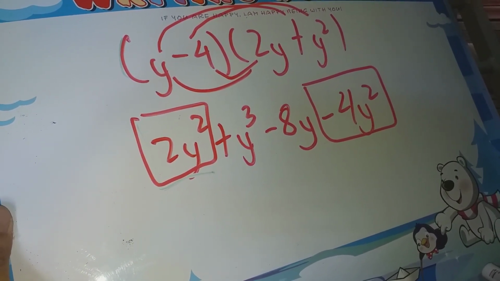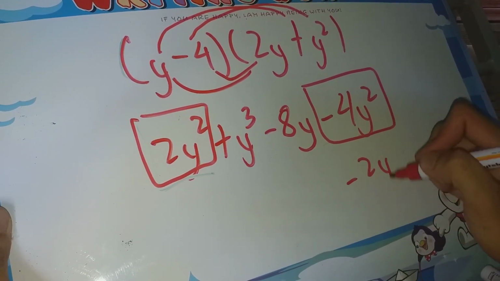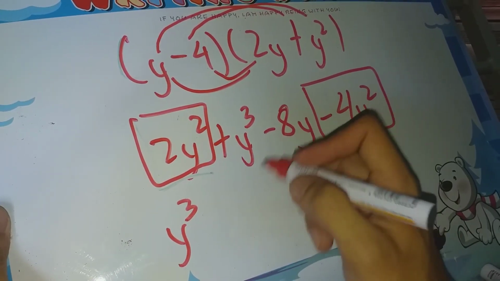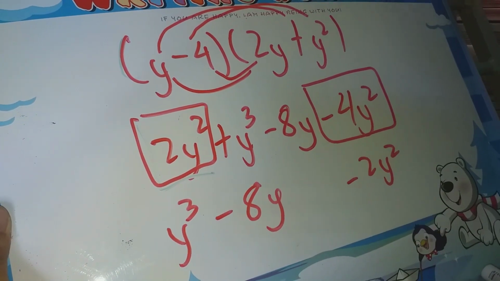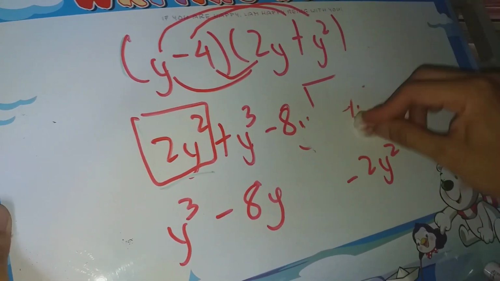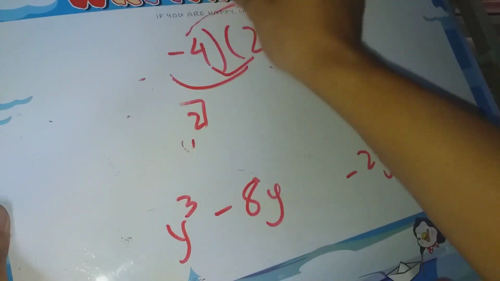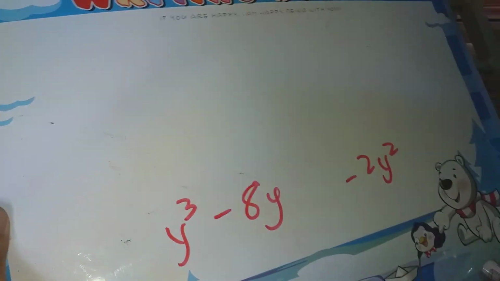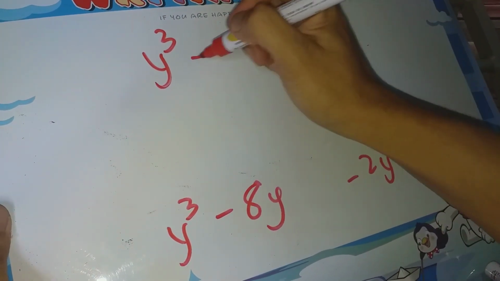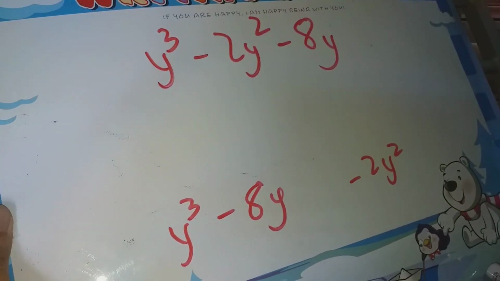So 2y squared minus 4y squared is simply negative 2y squared. And now bring down the y cube, bring down the negative 8y. Okay, and then we're going to arrange the function from the highest exponent to the lowest exponent. So y cube, negative 2y squared, and negative 8y.